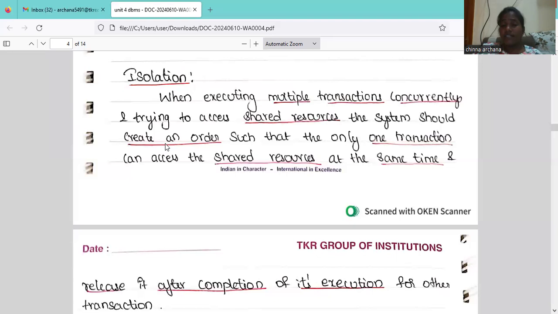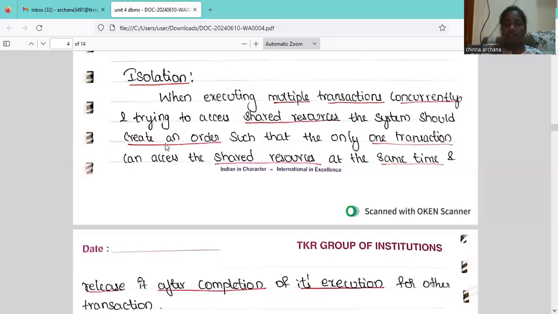This is a simple example of what happens if there is no control on the resources. That is the reason the database has to give permission to only a single transaction at a time. Whenever there are shared resources, those resources should be allocated to the transactions properly. At one instance only one transaction has to access the resources.